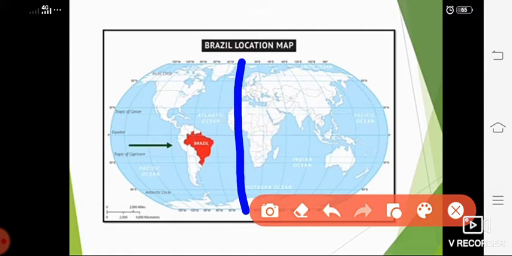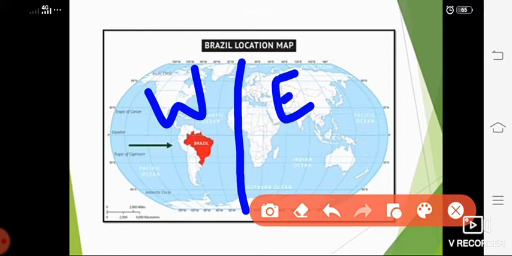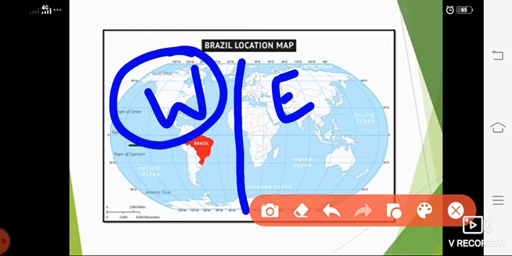Now we will see according to the 0 degree meridian. First we had seen according to the 0 degree parallel. Now we will see according to the 0 degree meridian. Because of the 0 degree meridian we have two parts, that is eastern and western. If you see, Brazil completely lies in the western hemisphere.